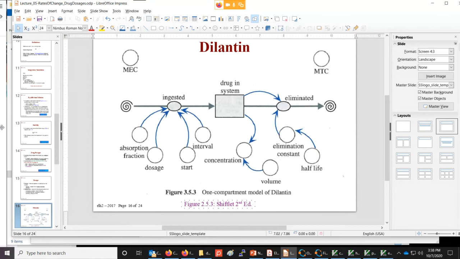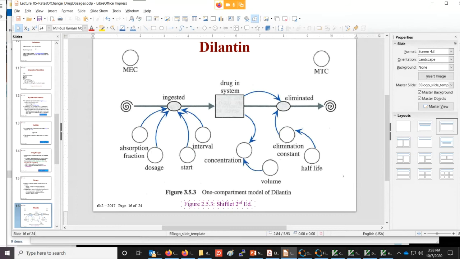So this is the diagram out of the book that he tries to show you here. Sometimes it's a little hard to follow, but he's showing you that when you take the drug, the dosage is like the drug.